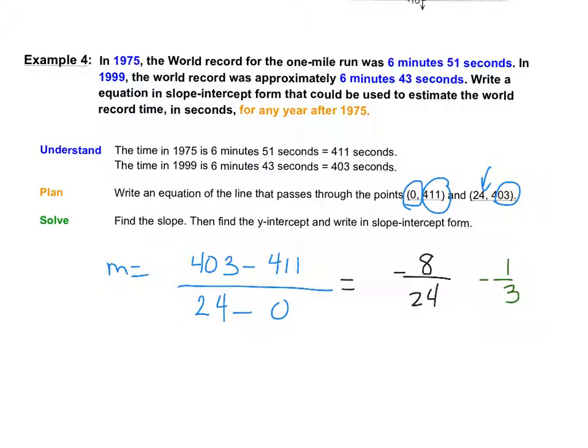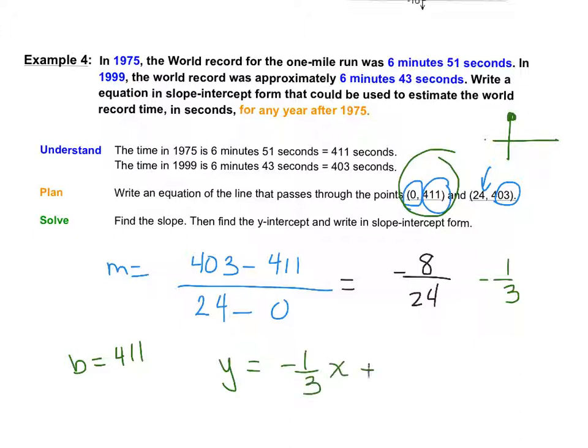So the slope is negative 1/3. Now, here, 0, 411, that means that that's the y-intercept. So the y-intercept is 411. That means your equation is y equals mx plus b.